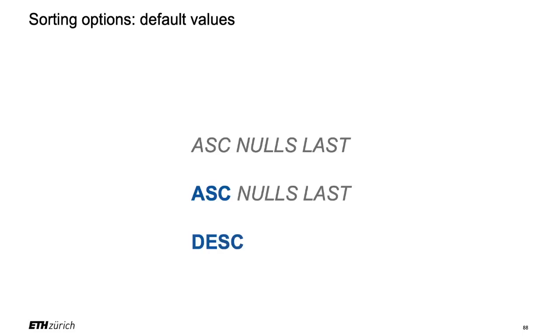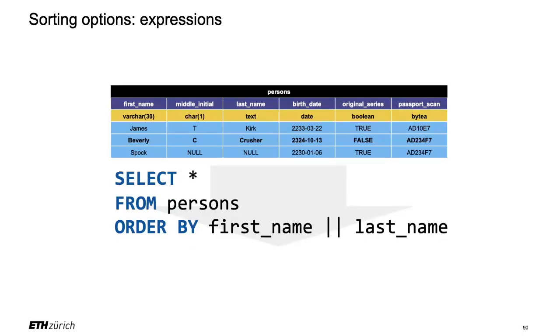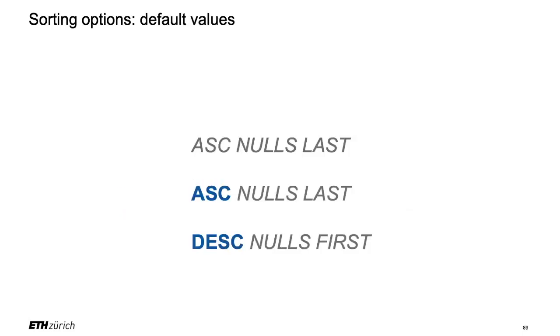If you say desc, desc is actually going to put the nulls first. It means by default, it considers the null to be the highest, right? This is what it means. So desc would put the nulls first. And of course, you can also explicitly say desc nulls last if you really want to have the nulls at the very end of your output. Okay? So you can control all of that, ascending, descending, and where to put the nulls.